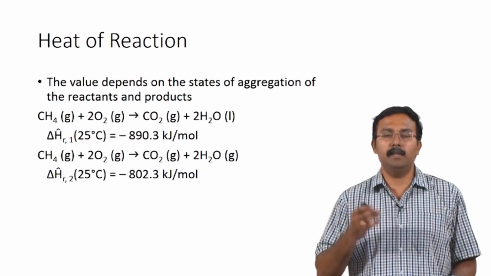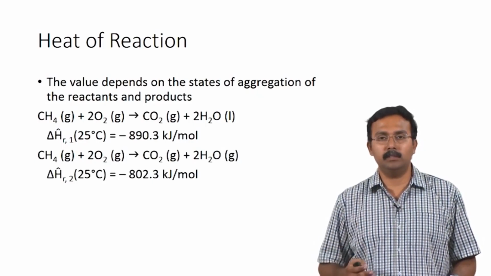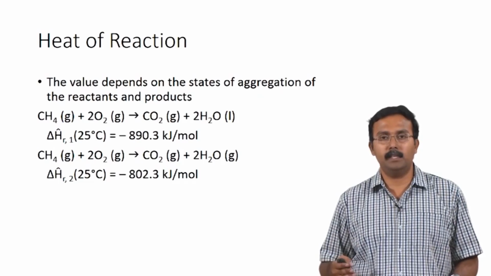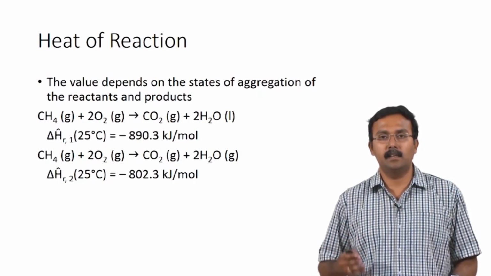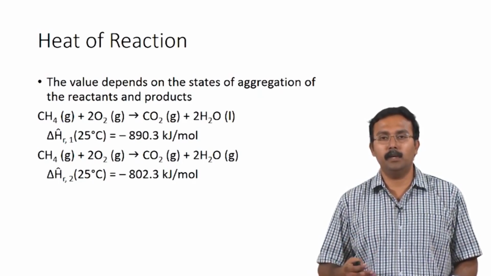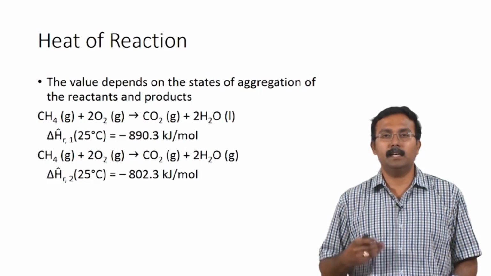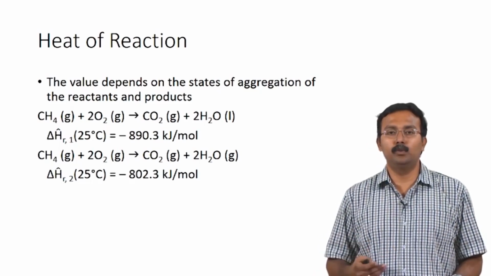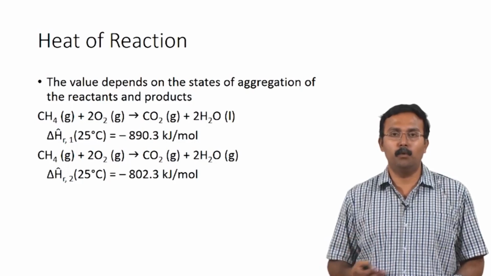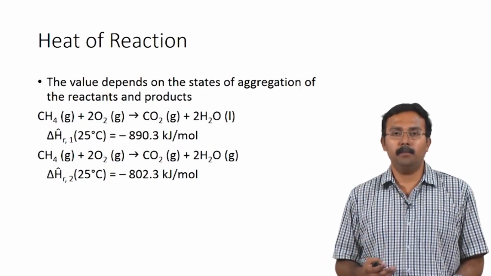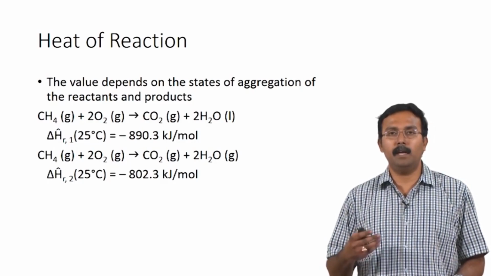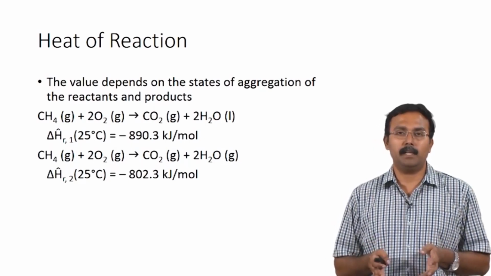However, if methane gas reacts with oxygen gas to form carbon dioxide gas and water vapor instead of liquid water, the heat of reaction is minus 802.3 kilojoules per mole. So, the heat of vaporization of water has to be accounted for in the calculations.